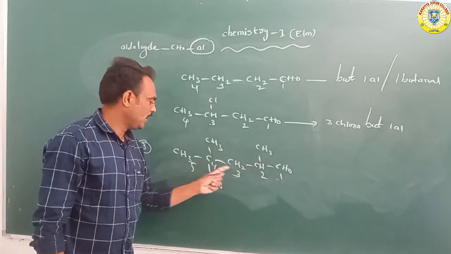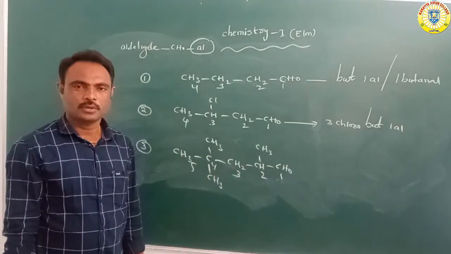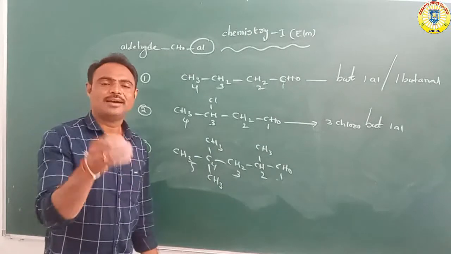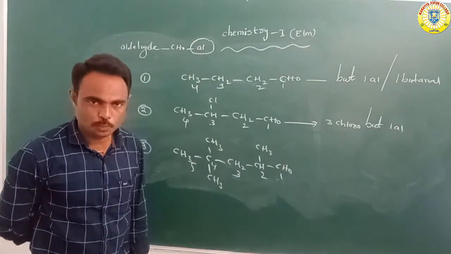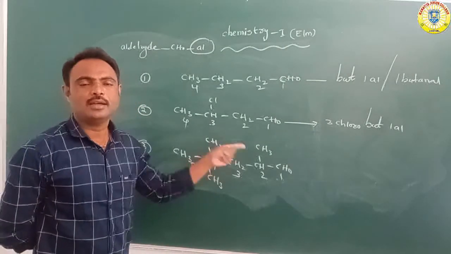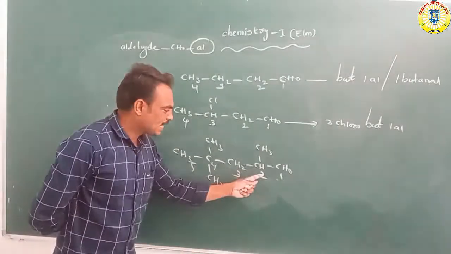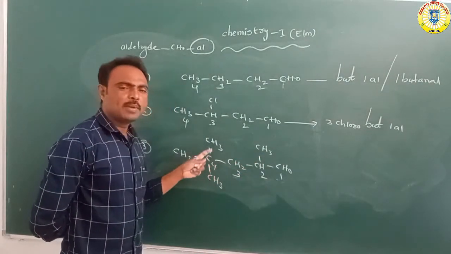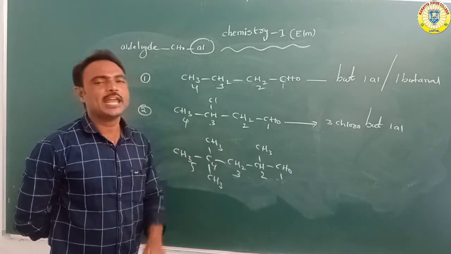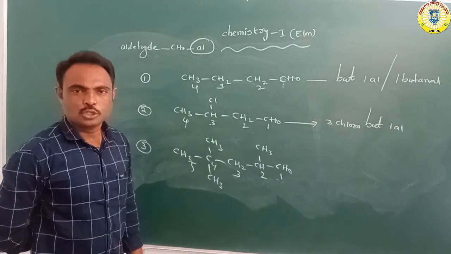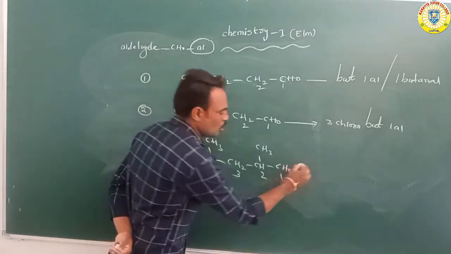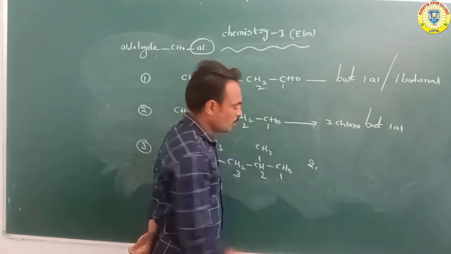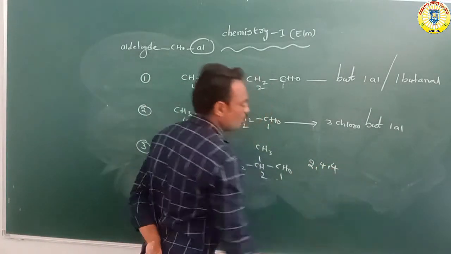First we write the alkyl methyl groups. The second carbon is attached with one methyl group, and the fourth carbon is attached with 2 methyl groups. So we write 2, 4, 4.